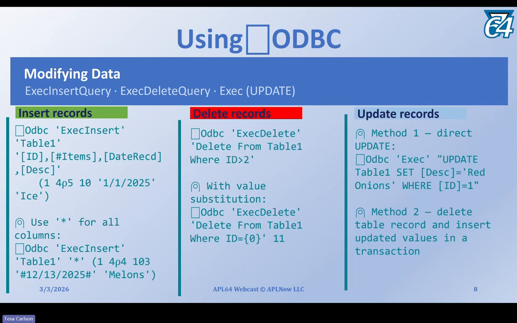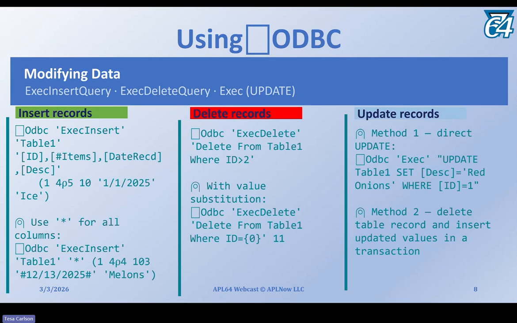As the action name suggests, the exec insert action inserts values into the user specified table. Exec delete removes records from a specific table, and the exec can modify data in a specific table described in the SQL update statement supplied in the right argument, as you see here.